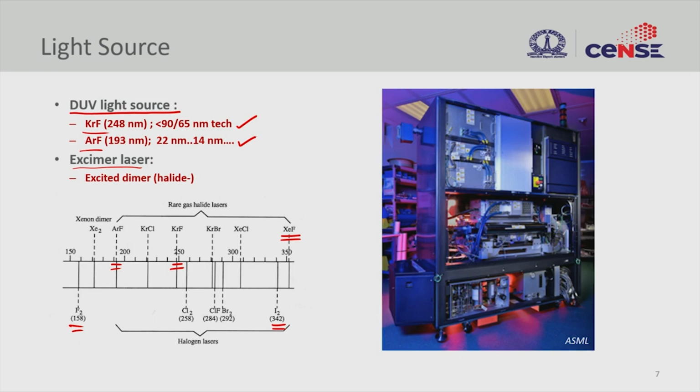So unlike a simple light source, these excimer lasers are exotic. Exotic not just because we are using halides and gases, but because the system itself becomes very interesting. You can see here, this is the light source that we have. It's not just a simple tube. It has water cooling that you can see here, and multiple cavities that are all cooled, and then very active electronics sitting here, and the gas and pressure control chambers that you see here.